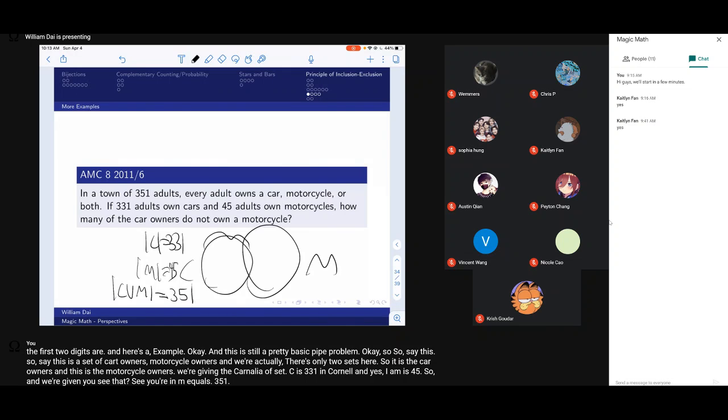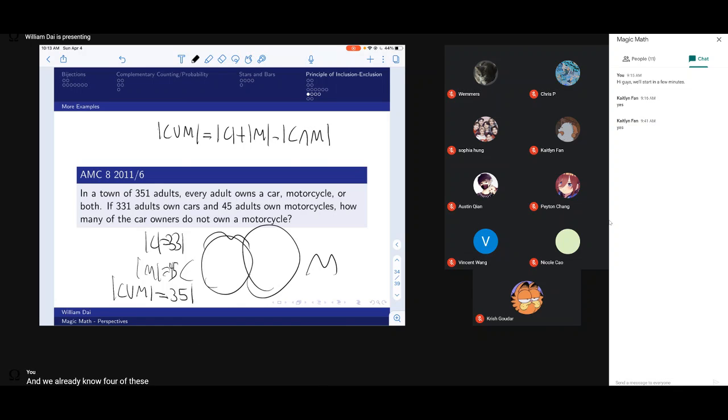So, applying PIE, we already know three of these four terms, so we can solve for the final term.